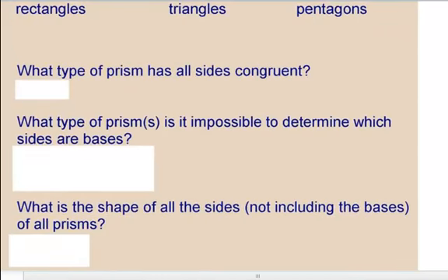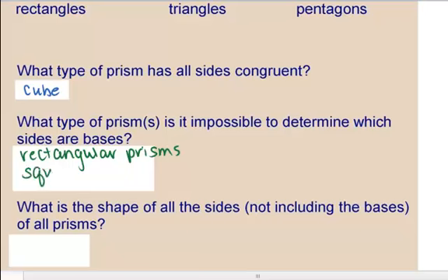What type of prism has all sides congruent? What do you think? A cube, right? What type of prism or prisms is it impossible to determine which sides are the bases? Well, I just mentioned that, right? Any type of rectangular prism. And rectangular prisms include 2 other types of prisms. Can you think of what they are?